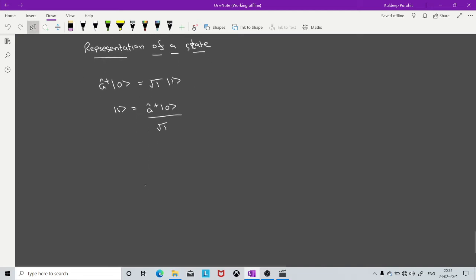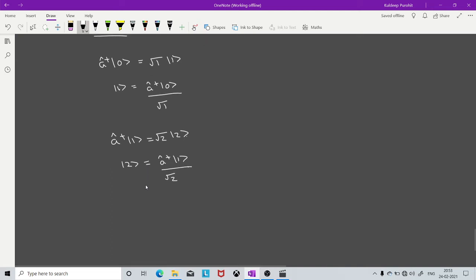Now when a† operates on |1>, it will give you root 2 into |2>. So I can again write |2> is equal to a† into |1> divided by root 2.